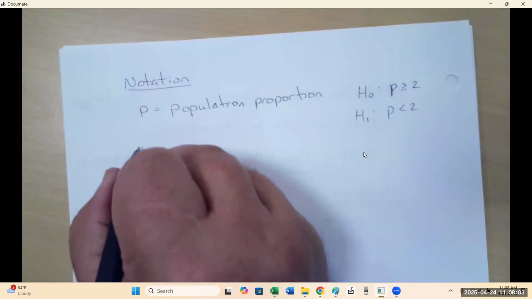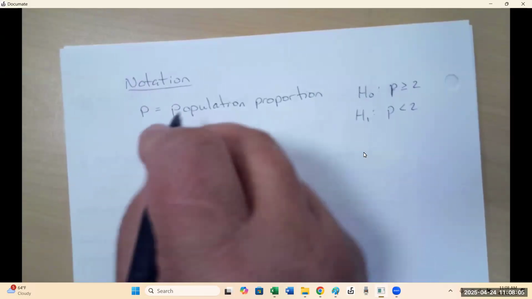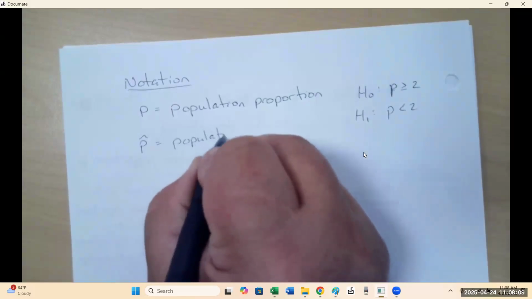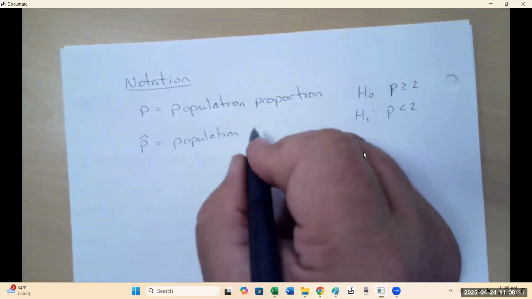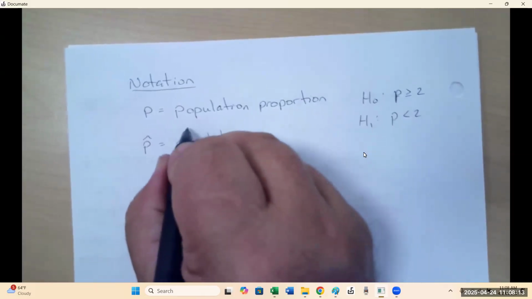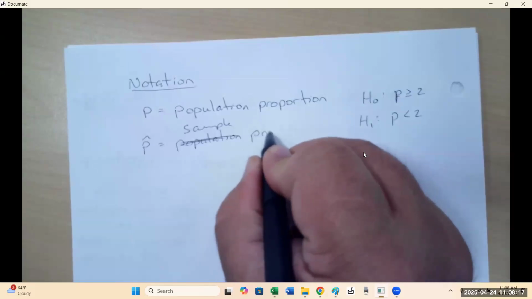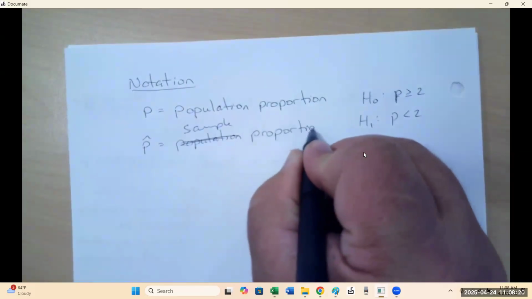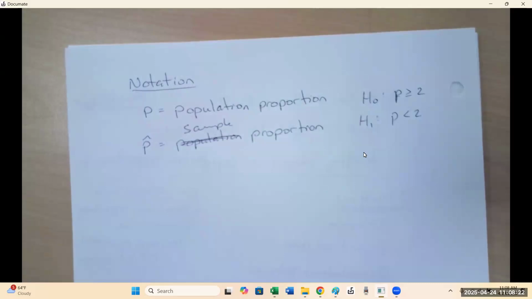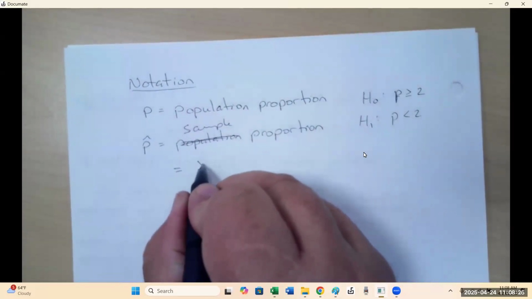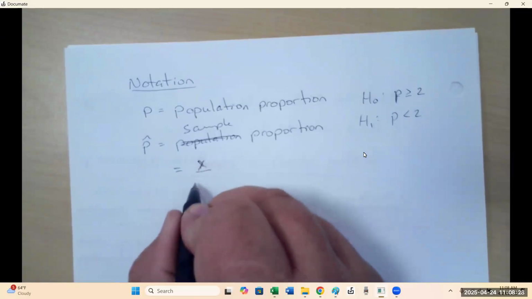Then we'll also be using P hat, which is the sample proportion. That's our approximation. And we'll have a couple of formulas we'll be defining for this one later on.